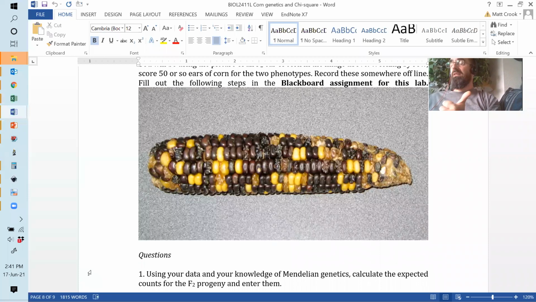Particularly the monohybrid and dihybrid crosses and their very rigid, formulaic kind of steps. And also using that knowledge to be able to carry out a chi-squared test, or two actually, and practice that so that you're well up on it for the exam this afternoon or tomorrow. Those are the main outcomes. We just use corn because it's compact and easy to use. No other reason really.